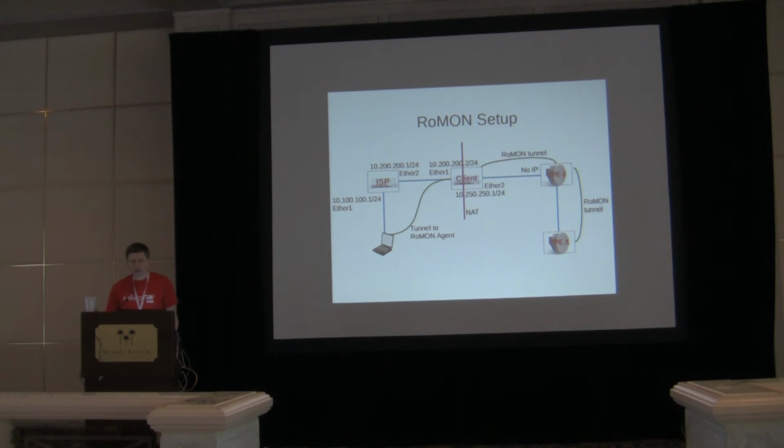It's a layer 2 communication protocol. It's like very low level. And about isolation, you cannot block it with firewall, so you need to isolate this network. Do not enable RoMON port that goes to the ISP, or otherwise your ISP will be able to get to the last hop, even if you do not know that.